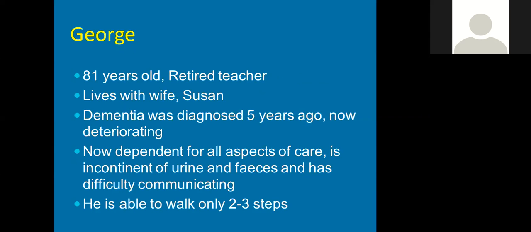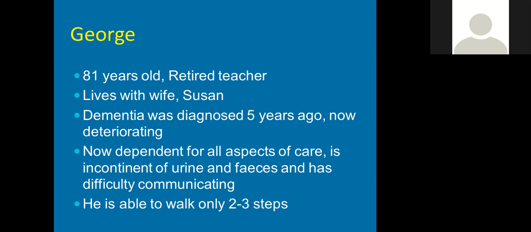I thought I'd start with a case study. Here, I speak about one patient with dementia, an 81-year-old retired teacher. George lives with his wife, Susan. George was diagnosed with dementia 5 years ago and is now rapidly deteriorating. You know that dementia is a progressive, incurable disease.